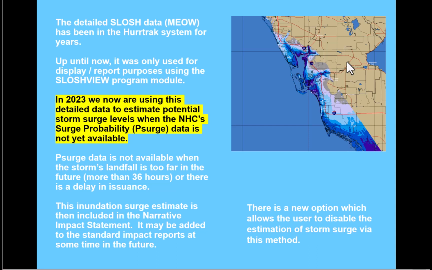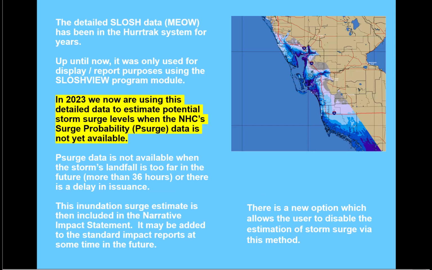Up until now, it's only been used to display and create reports using the SLOSH view program module, which all of you have. However, the detailed data, the MEOW data, which has only been part of the advanced system, is now part of every system, the EM Pro, the RM Pro, and the advanced.